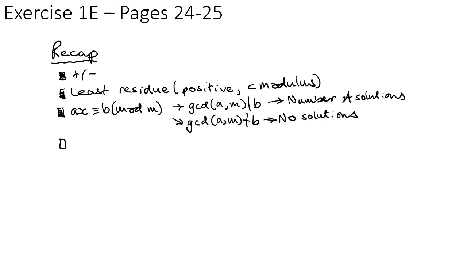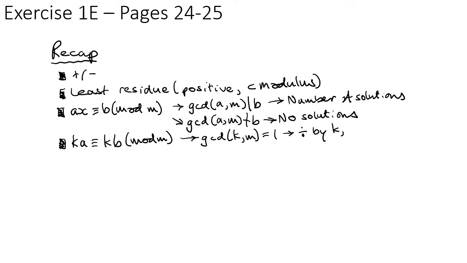If we have an equation where we can divide both sides by K, in mod M: if the greatest common divisor of K and M is 1, which basically means K and M are co-prime, we just divide by K, but leave the mod alone.